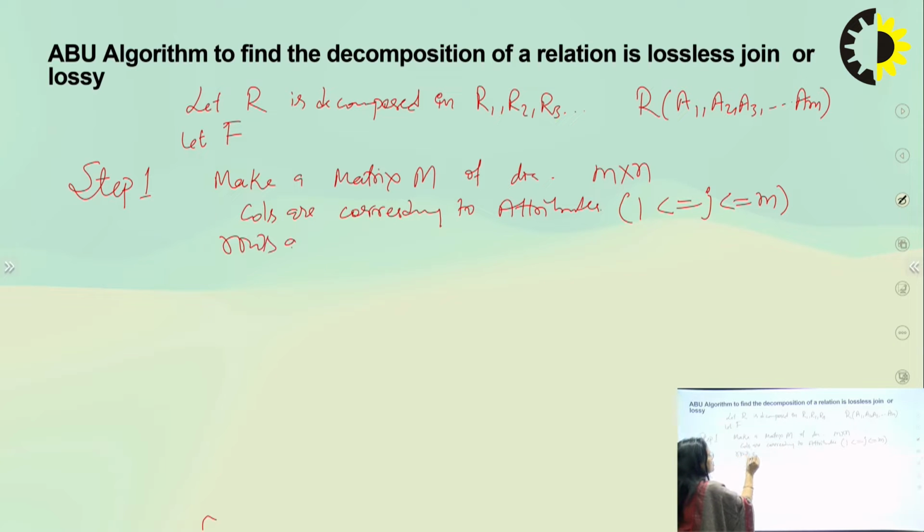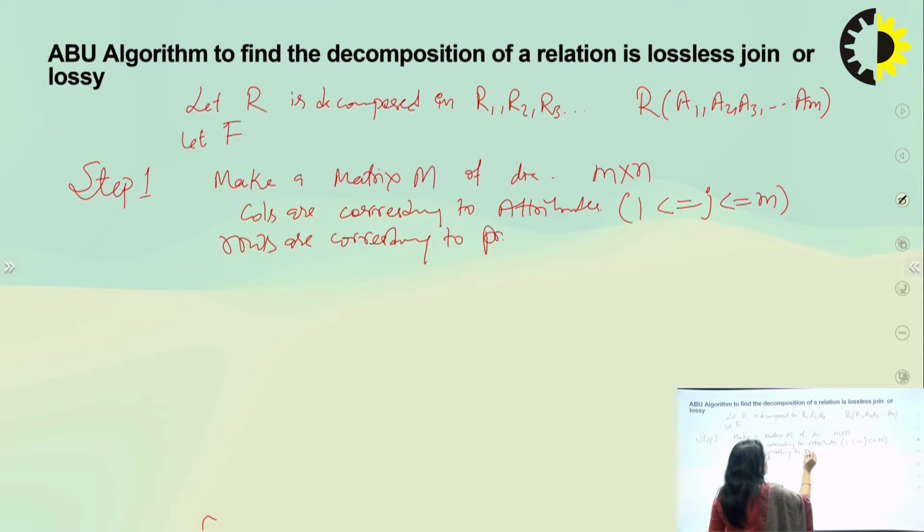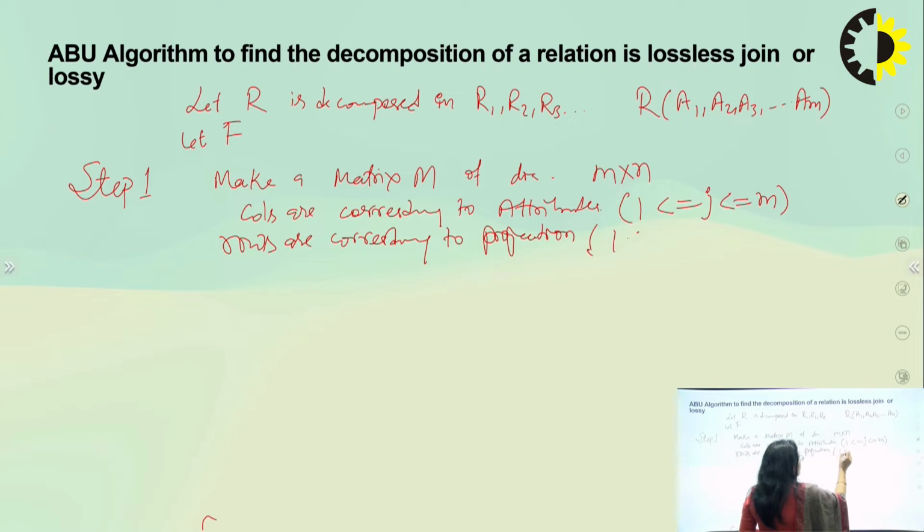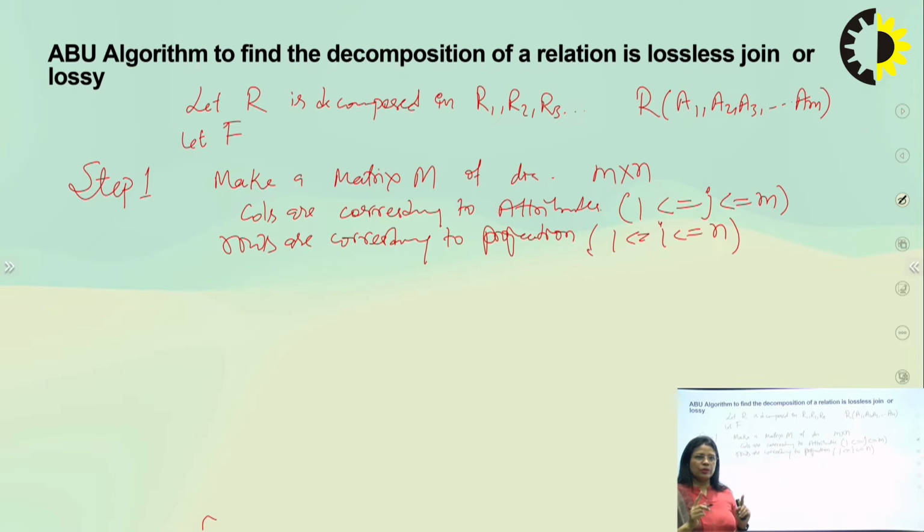Similarly, rows correspond to projections. We are taking counter I here, so there may be N rows.